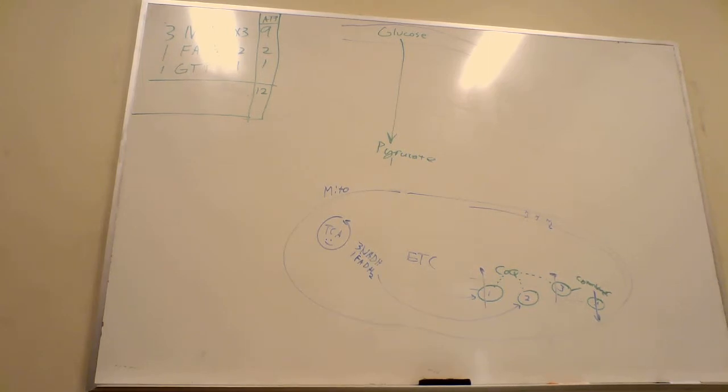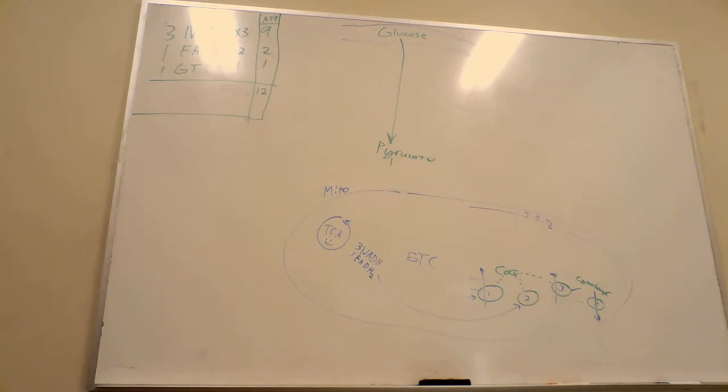So complex 1 has 2 hydrogens and uses iron. And then complex 2 does 0 hydrogens like we said and uses iron. And complex 3 uses coenzyme Q to move the hydrogens and electrons from 1 and 2 to itself.